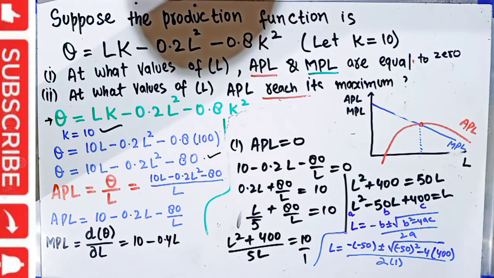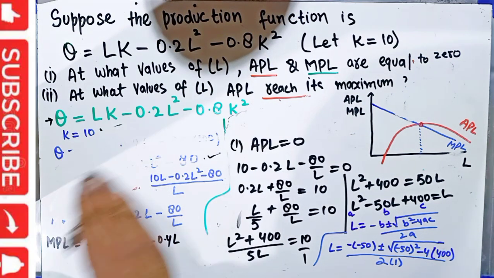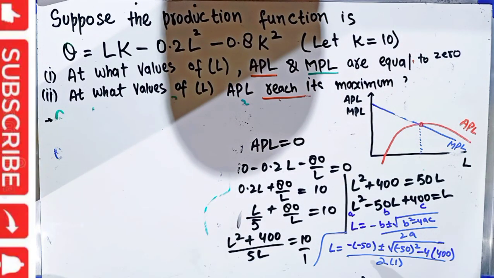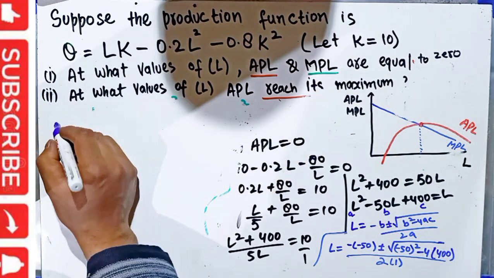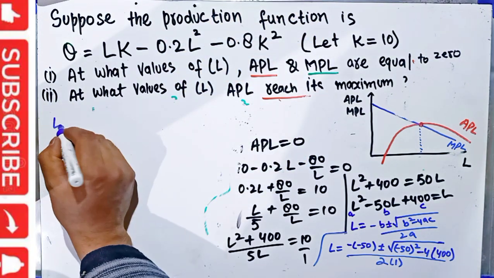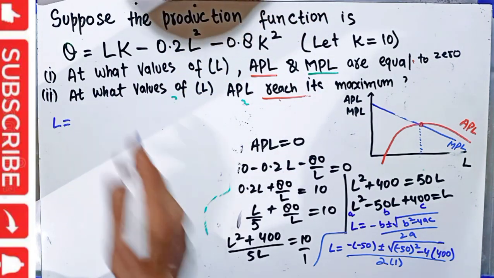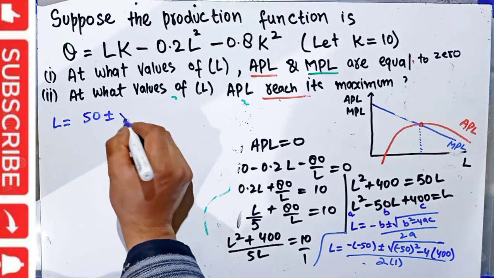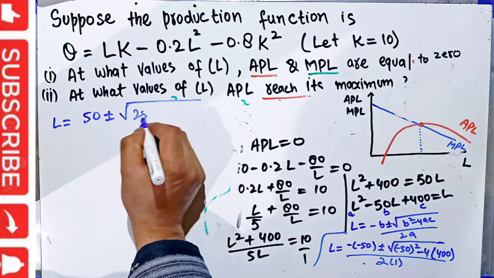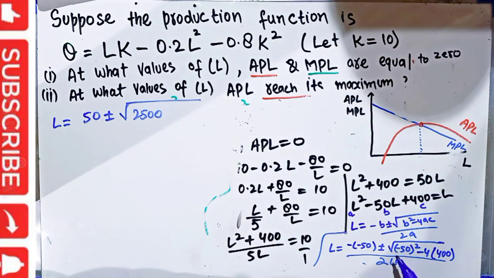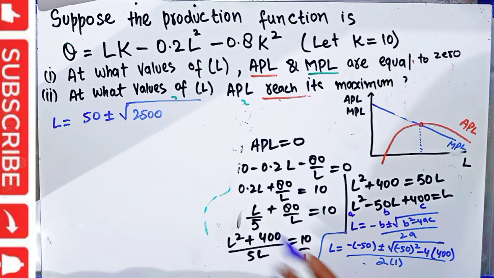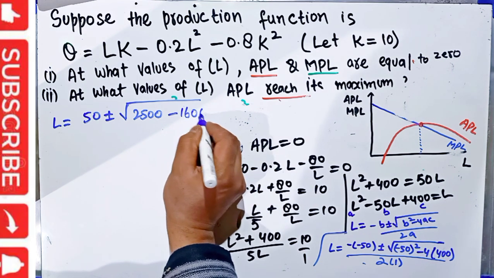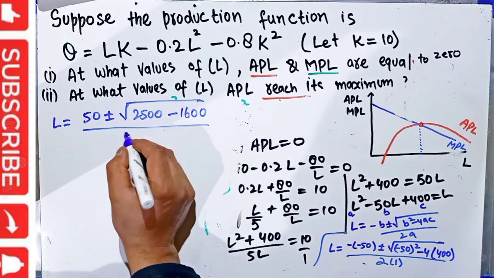Now for solving this, I have to rub this out, as I don't have the space here. So we will get L is equal to 50 ± √(2500 - 1600), upon 2. Minus into minus is plus 50, and 50 squared is 2500, because the square of a negative term is positive, then minus 4 fours are 1600, upon 2.